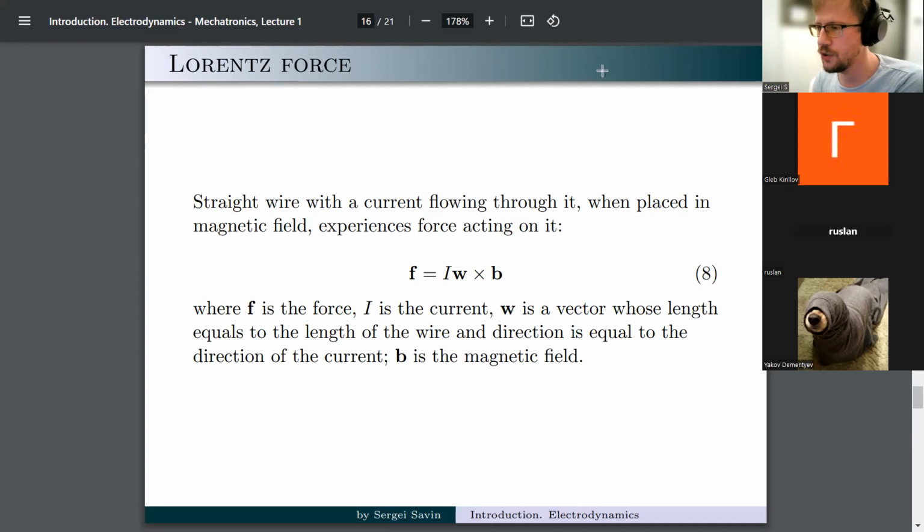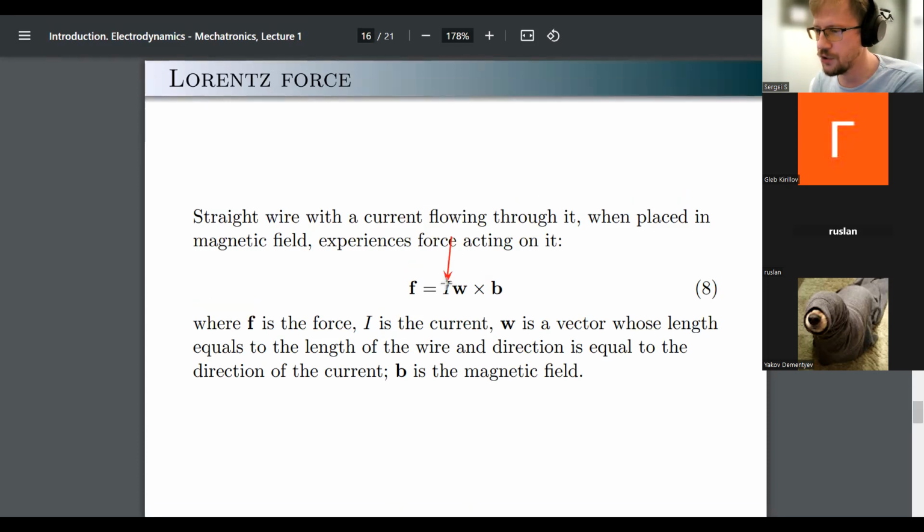Now, how do we compute Lorentz force? Well, it is equal to the current that flows through the wire. That is a scalar quantity, like 5 amperes, 10 amperes, and so on, times the cross product of W, where W is the vector whose length equals the length of the wire, and the direction is equal to the direction of the current.